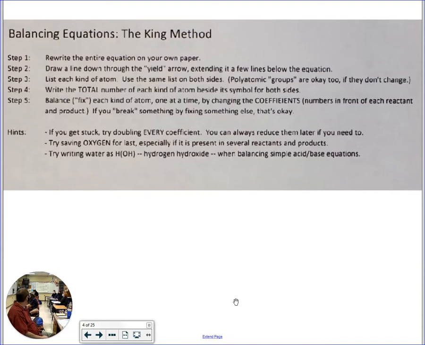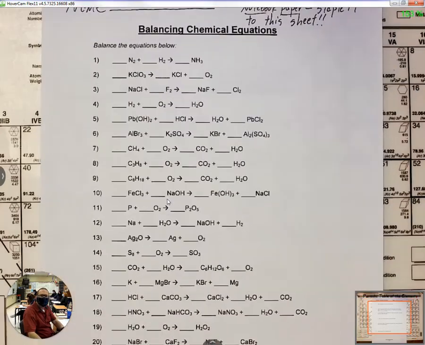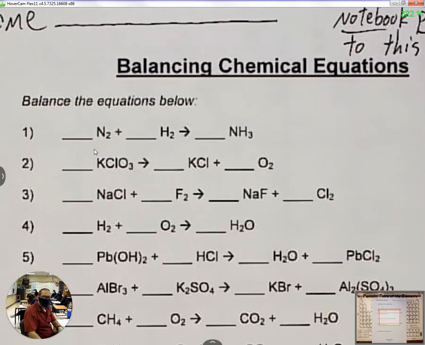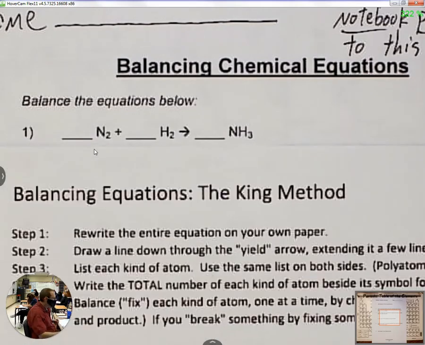Let's take a look at the paper that I gave you. Okay, this fella right here. We're going to take a look at equation number 1 and follow our steps in the King method for balancing equations. So let me grab one of my popsicle sticks.